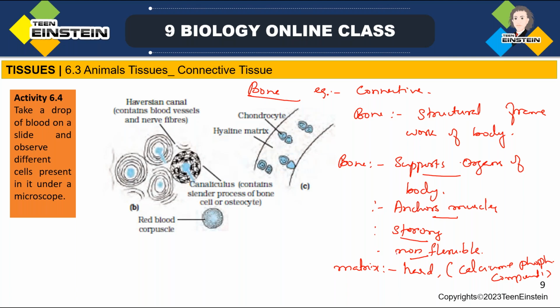We know that, just general points you can write. And bone cells are embedded in a matrix, and this matrix is in a very hard form. It is formed of calcium and phosphorus compounds.